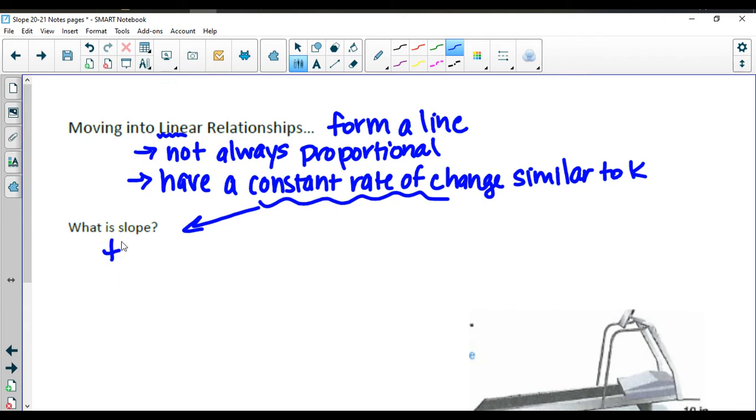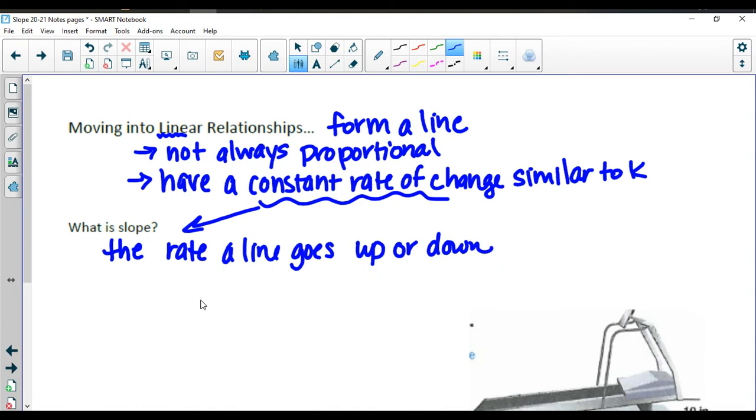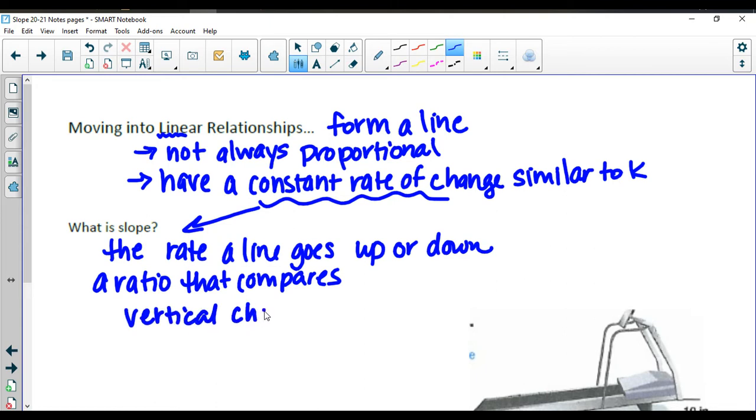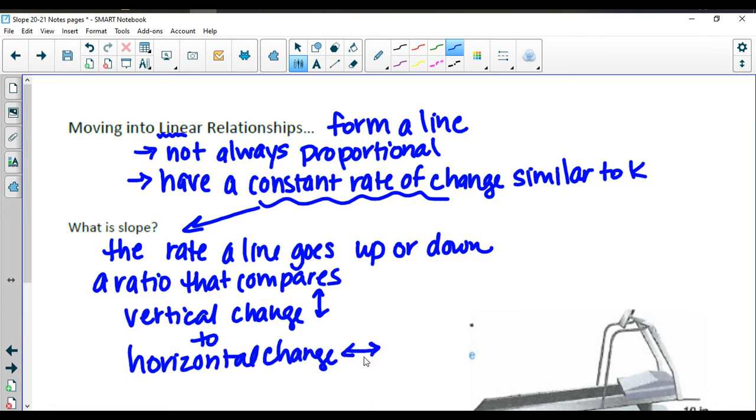So the slope is the rate a line goes up or down, and it is a ratio that compares vertical change, and vertical is up and down, to horizontal change. And horizontal would be going from side to side.